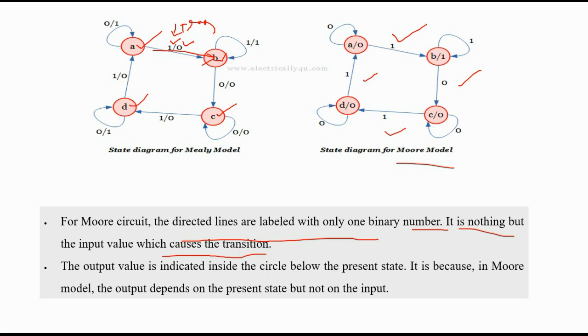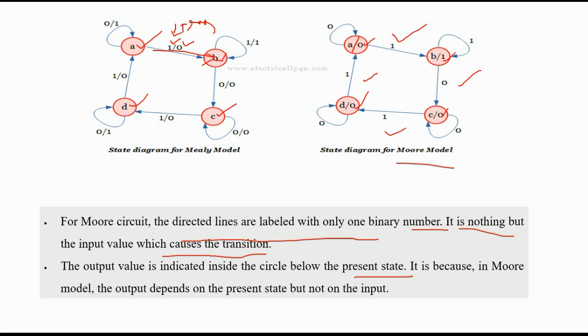The output is indicated inside the circle below the present state. So a, b, d, c are the present states, and whatever I have mentioned below with a slash, the 0 here, 1 here, 0 here, these are called the outputs. So what is the input to B? 1. What is the output? The output is also 1.